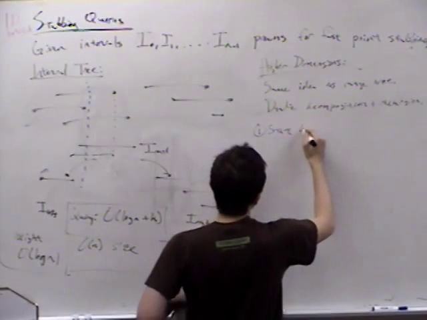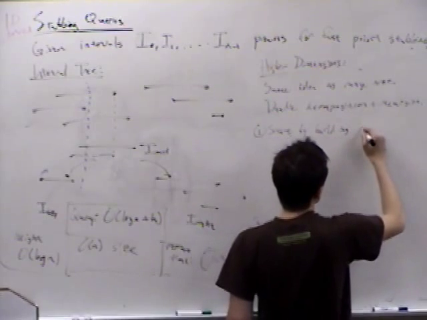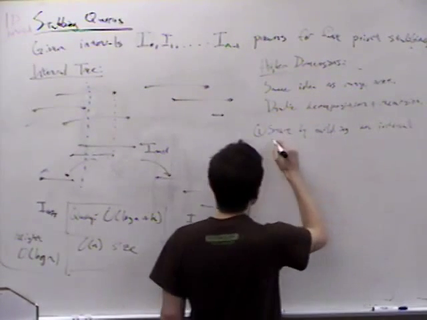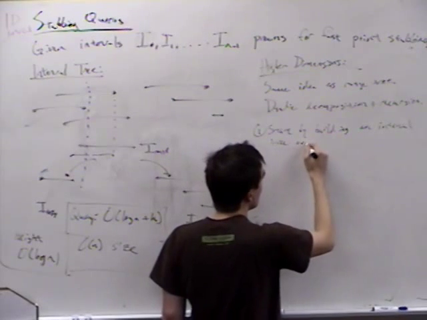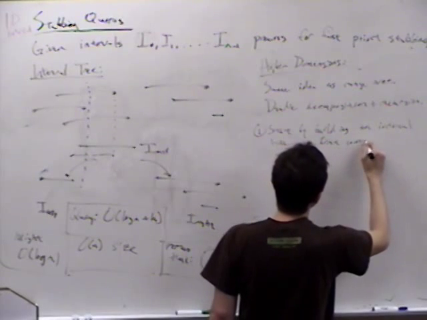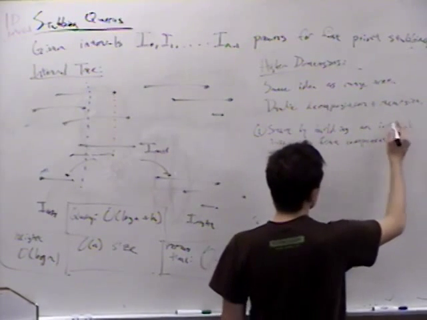Start by building an interval tree over the first component, say x.